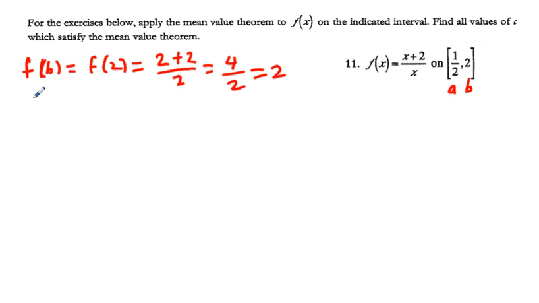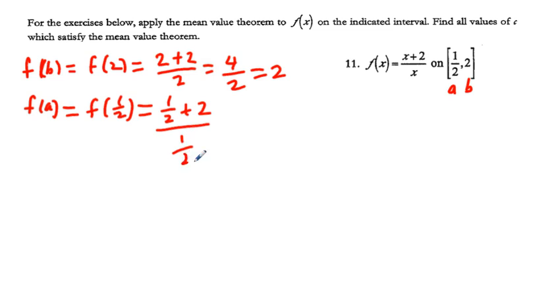Next, f of a. Well, a is 1/2, so f of 1/2 is, in place of x, 1/2 plus 2 over 1/2. For that, 1/2 plus 2 is 5/2, divided by 1/2.